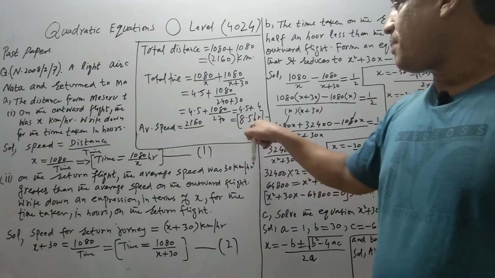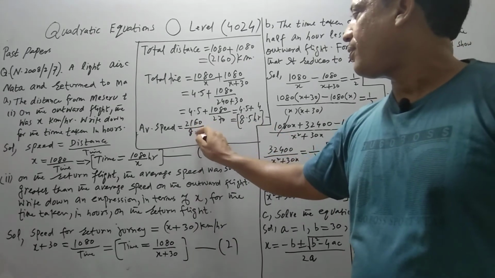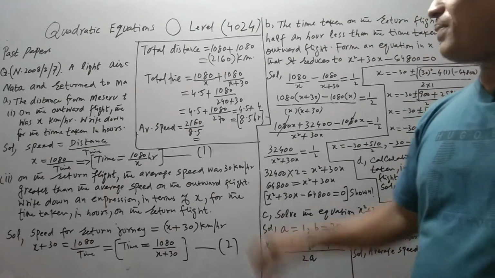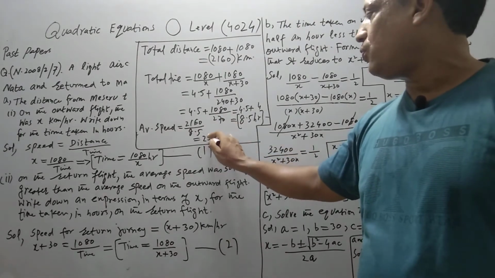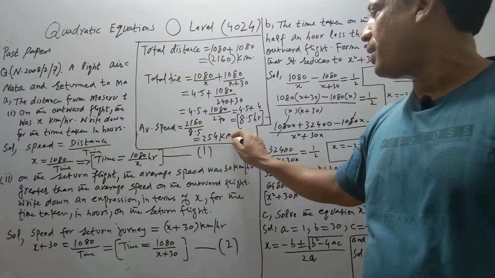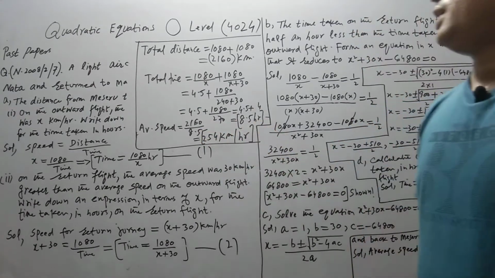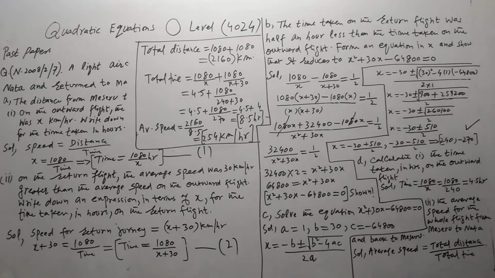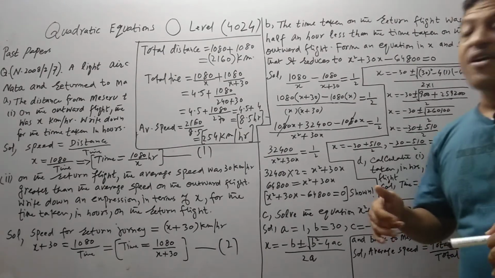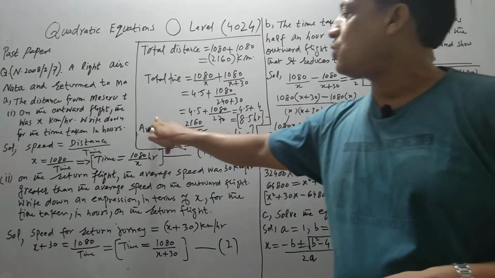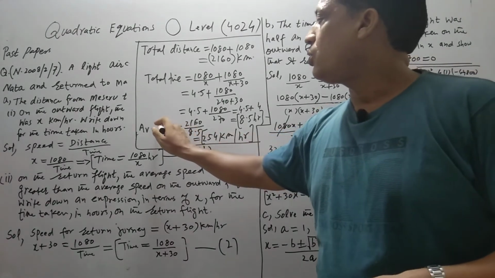What is the total time? 8.5. If you divide 2160 divided by 8.5, you will get 254 kilometer per hour. This is your answer, final answer. 254 kilometer per hour was the average speed of the aircraft. So average speed is always equals to the total distance upon total time.